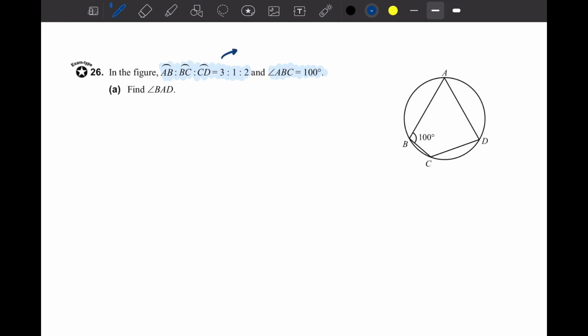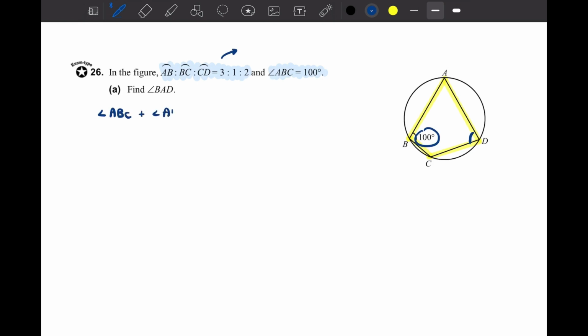Okay, but before we jump to that, let's look at what other information we have. We got this 100 degrees, and the diagram hints as well. We have a shape inside a circle, and all the vertices lie on the circle, so this is a cyclic quadrilateral. Therefore, with this 100 degrees, we can find angle ADC.